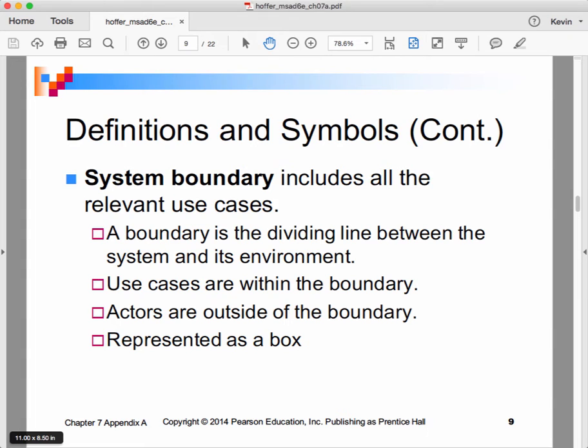The system boundary includes all the relevant use cases. So you can think of the boundary as kind of almost an aquarium tank in which all these use cases are contained.